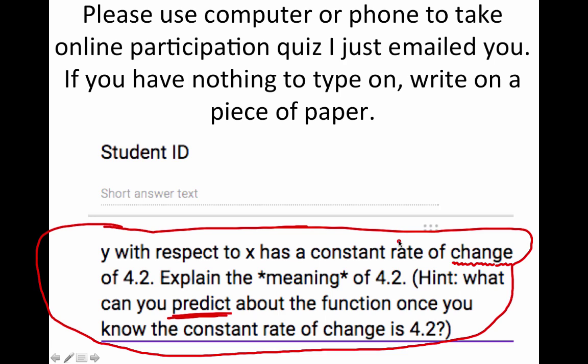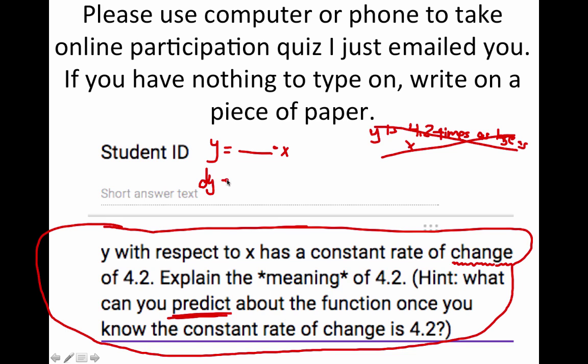After you answer that, we went over it. You cannot say, for example, that y is 4.2 times as large as x. That is absolutely false. If you think about those times when I made you fill out these two equations about a bunch of different points, do you remember how we always got the same number here since we were working off of a line, but we did not get the same number here?